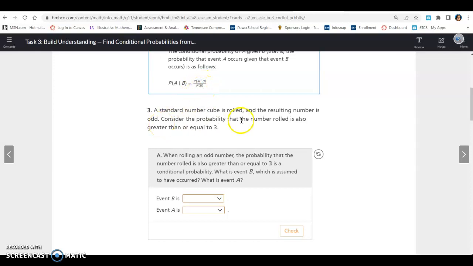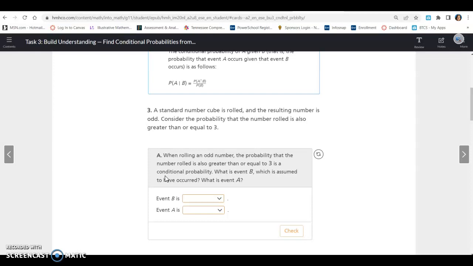A standard number cube is rolled and the resulting number is odd. Consider the probability that the number rolled is also greater than or equal to 3. When rolling an odd number, the probability that the number rolled is also greater than or equal to 3 is a conditional probability. What is event B, which is assumed to have occurred?